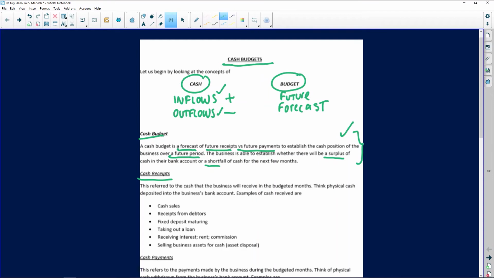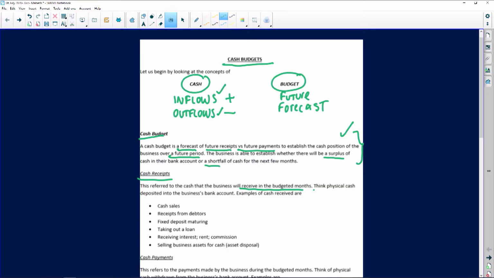A cash receipt refers to cash that the business will receive in the budgeted months. Remember the word cash: actual cash that is going into your bank account. So think physical cash deposited into the business's bank account. It has got to be money going into my bank account.